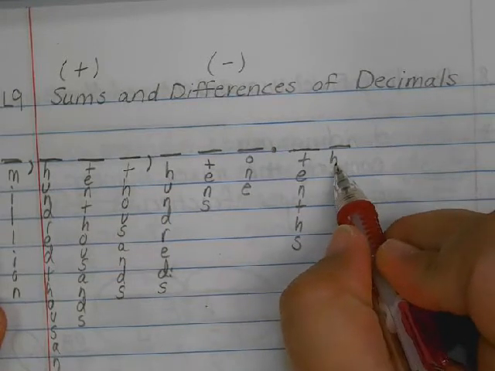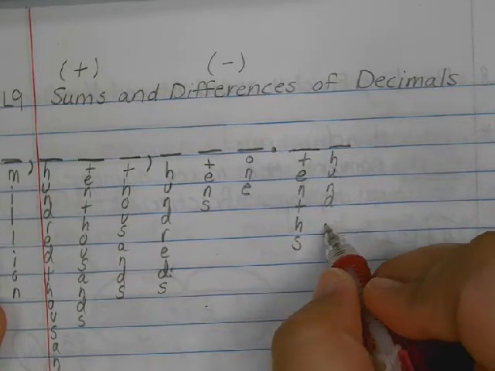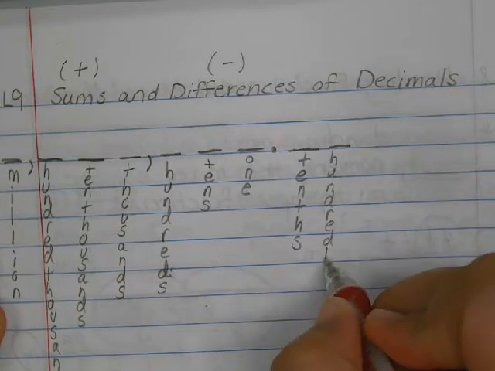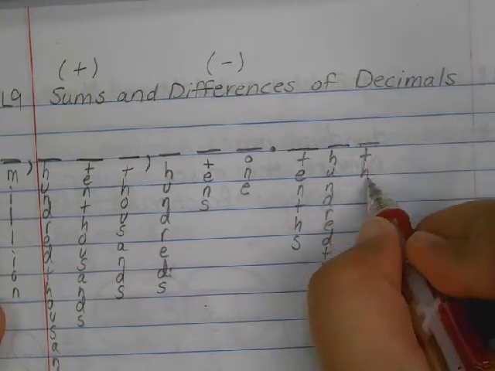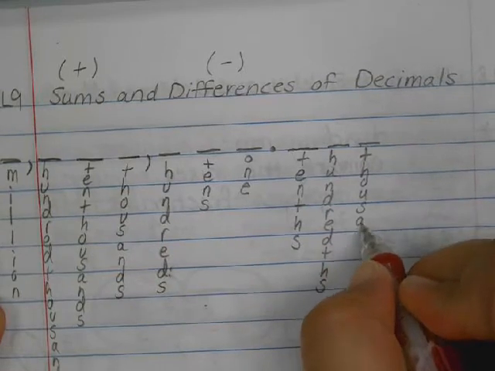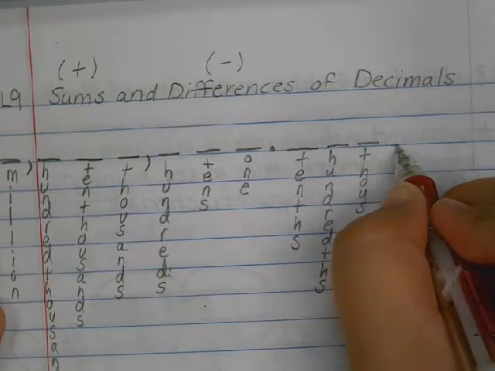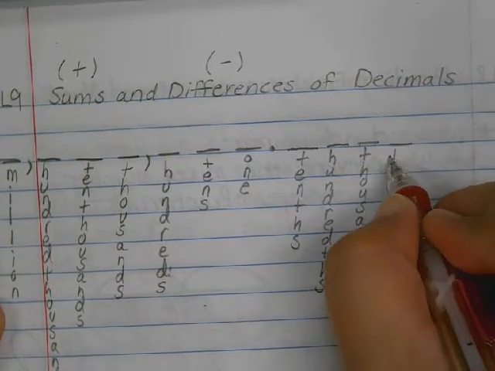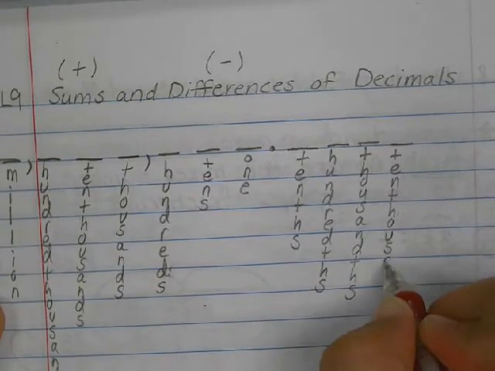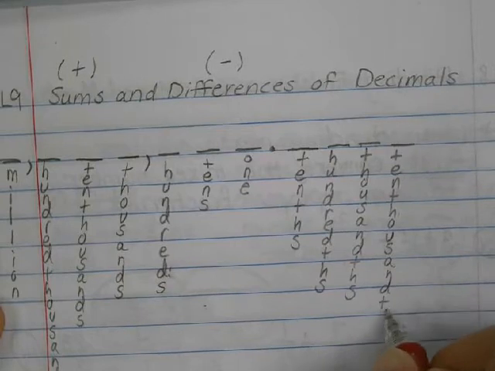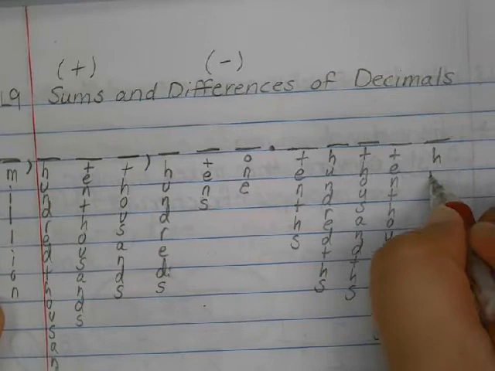Then we have hundredths, then thousandths, then 10,000ths, then 100,000ths.